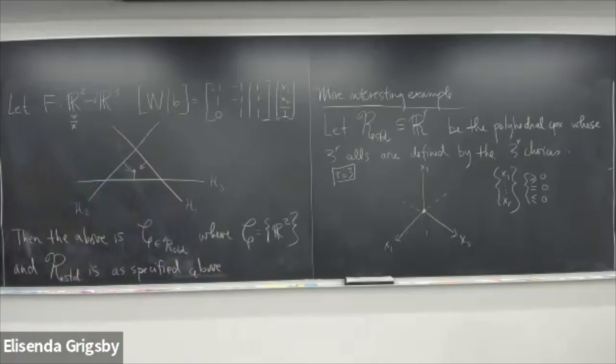You can count that you have 7 2-cells, 9 1-cells, and 3 0-cells in this complex.